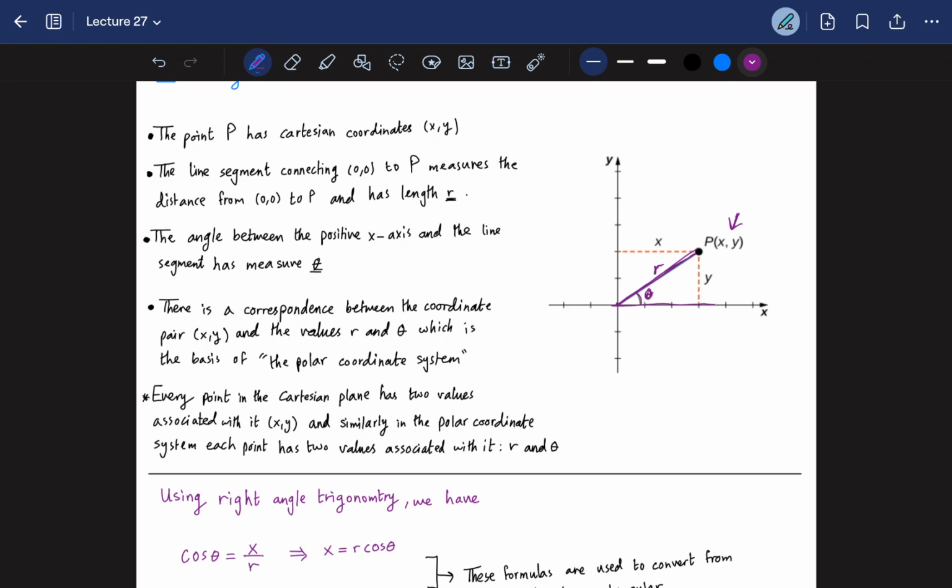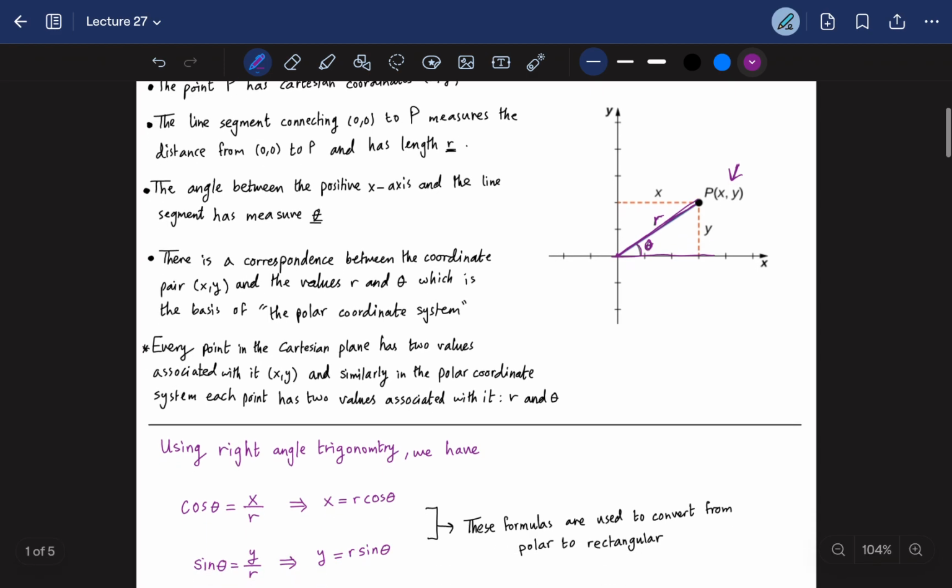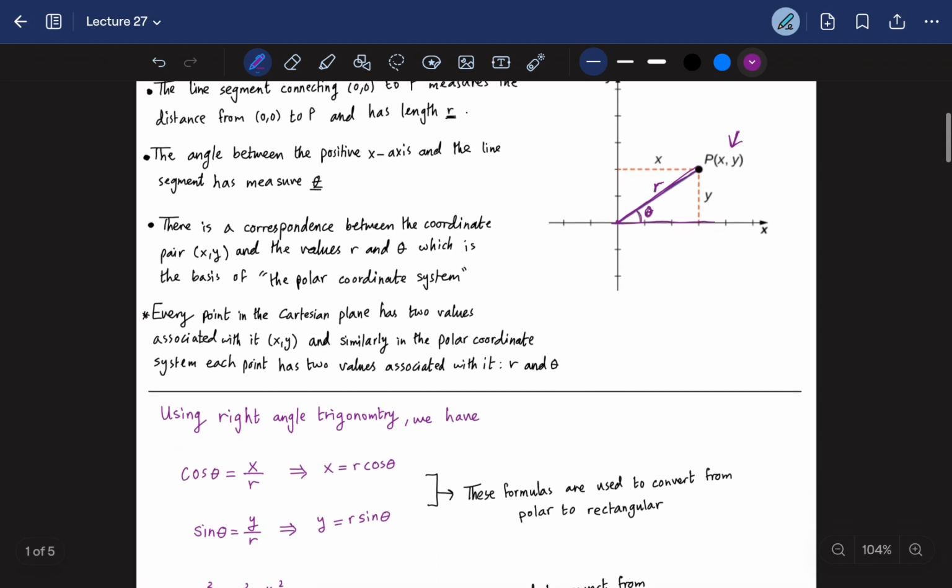Similarly, any point in the polar coordinate has two values, r and theta. So instead of having x, y to be your point in the plane, you're going to have values of r and theta, where r measures the distance between that point and the origin, and theta measures the angle between the x-axis and the distance r, which is like the line segment.